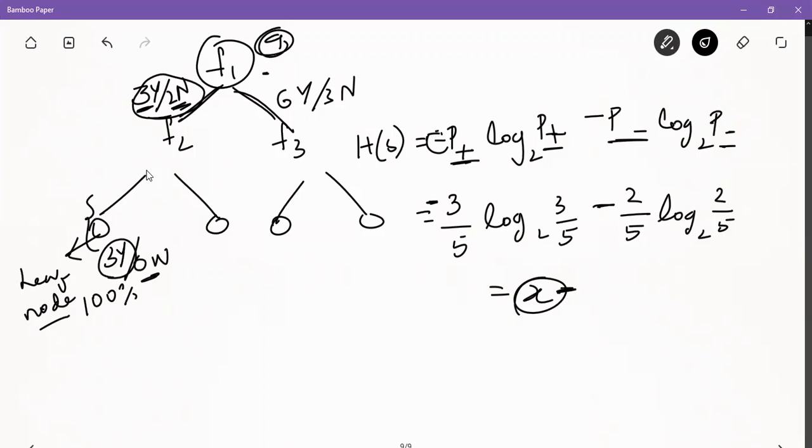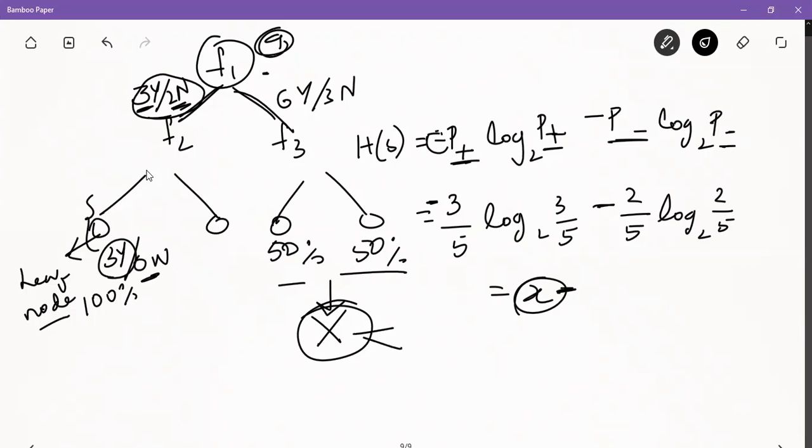So let's say the split you got is 50-50. There is 50% chance of positive class and 50% chance of negative class. This kind of split is the worst kind of split you could get, because let's say we are predicting cancer, whether a person has cancer, yes or no. When you have a 50-50 split, the algorithm is basically saying there's a 50% chance this person has it, and a 50% chance he doesn't.